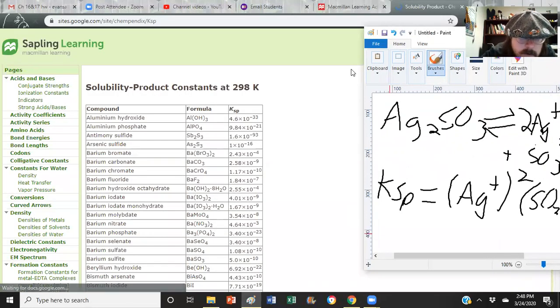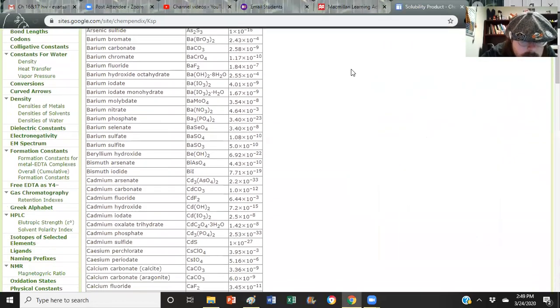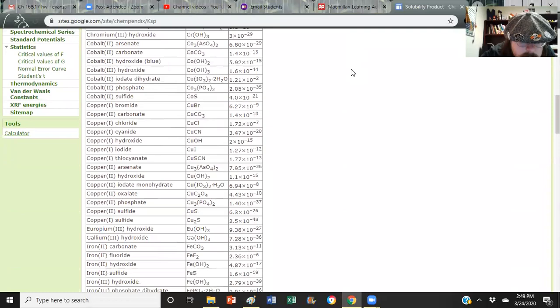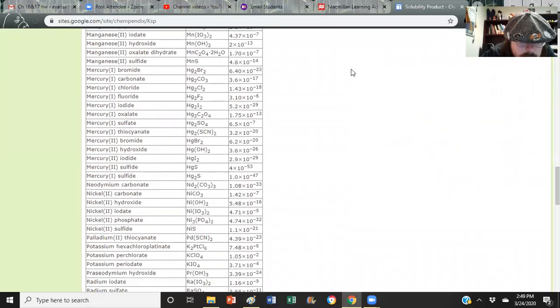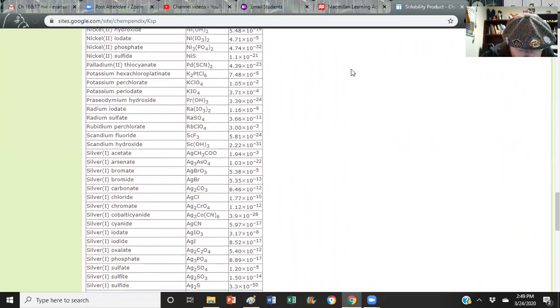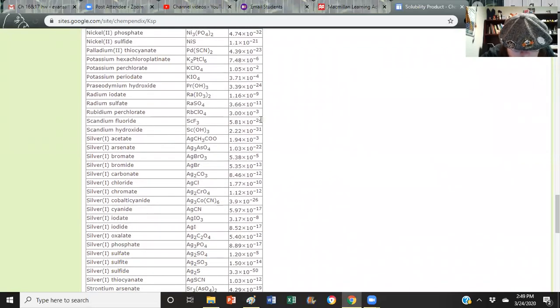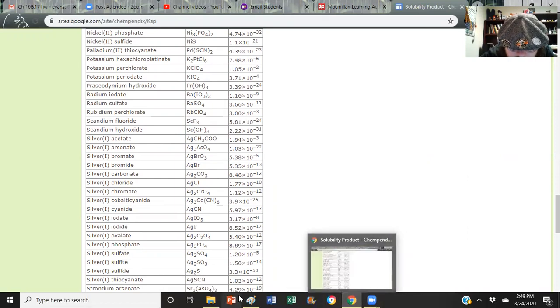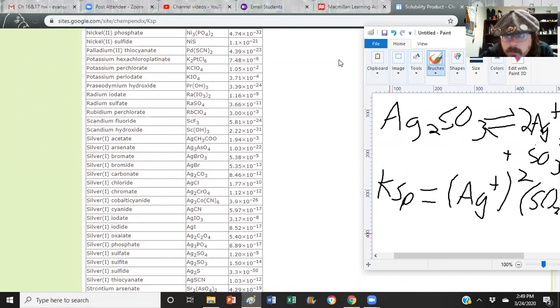KSP for silver sulfite is 1.5 times 10 to the negative 14th.